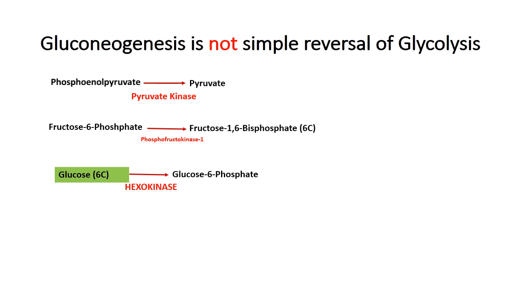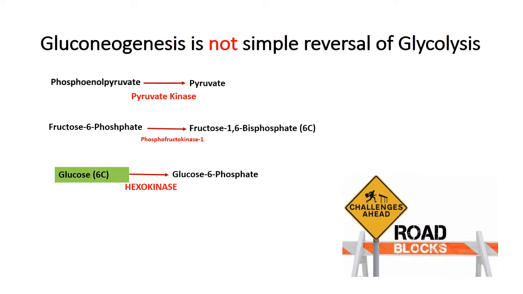These three steps are the major roadblocks in the case of glycolysis. If you want to know the details of these steps, then you can go to my video tutorial on glycolysis. The link is given in the description box or in the I button above.